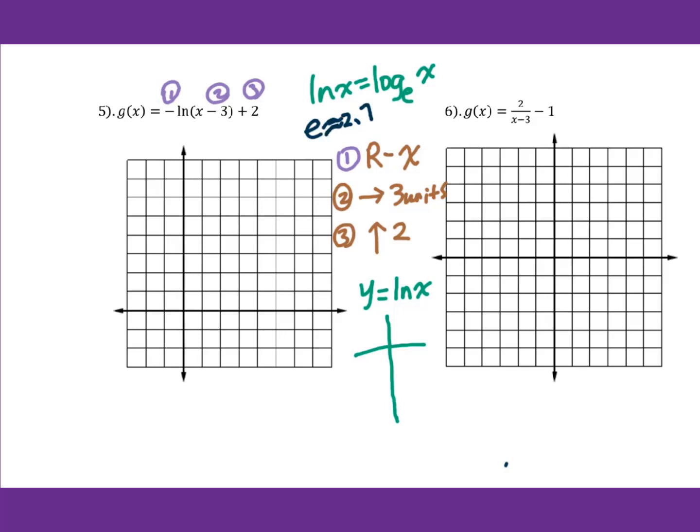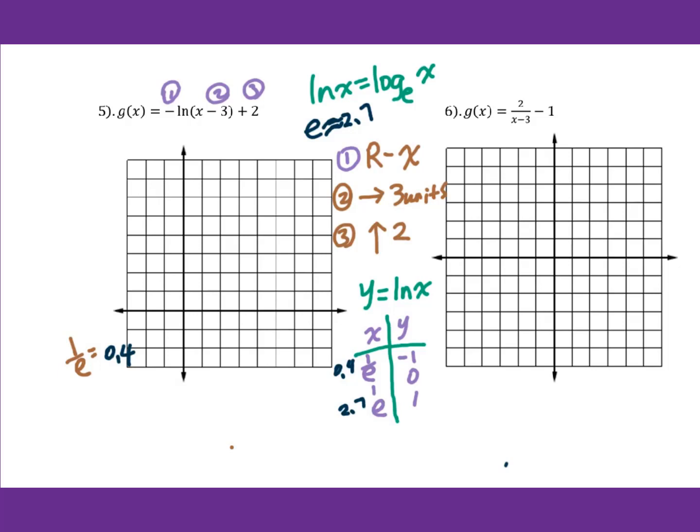The table for the parent function of natural log: y will be negative 1, 0, 1. So for x, you will get 1 over e and 1, then here's e. 1 over e is about 0.4, and e is about 2.7.